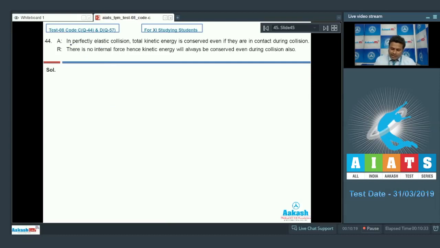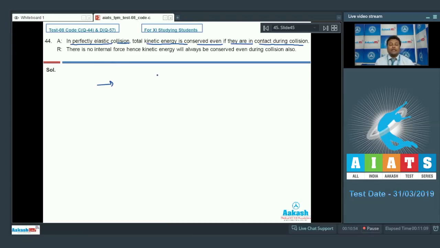Assertion: in perfectly elastic collision, total kinetic energy is conserved even if they are in contact during collision. Now we know very well in perfectly elastic collision the kinetic energy is conserved, but during the collision, as there is deformation, small deformation in the particles, so some part of kinetic energy gets converted into potential energy as well. It means assertion is wrong.